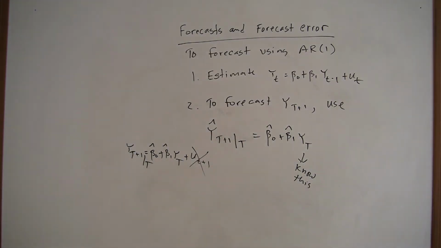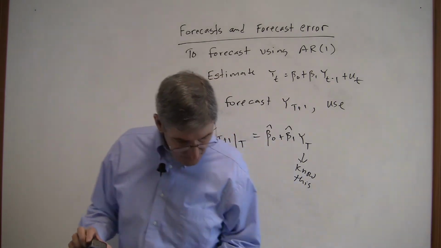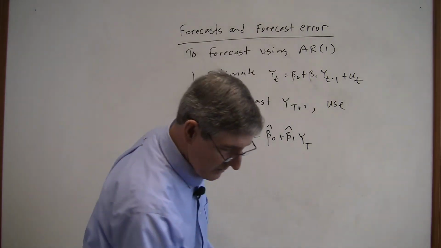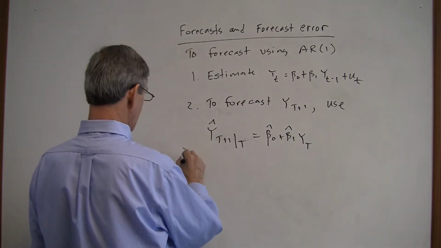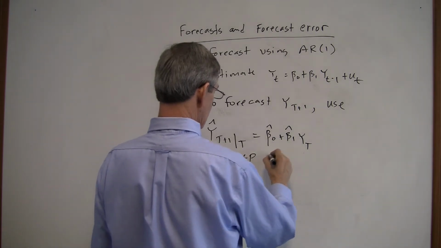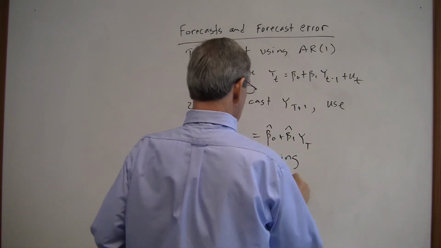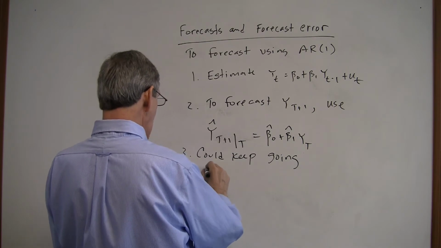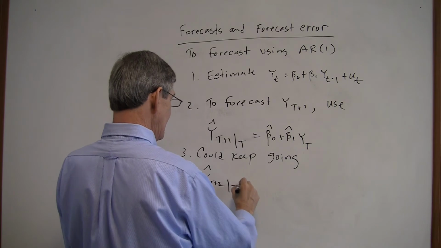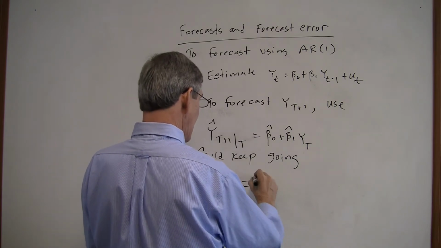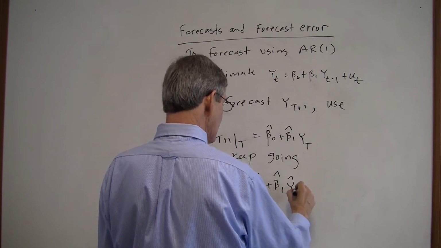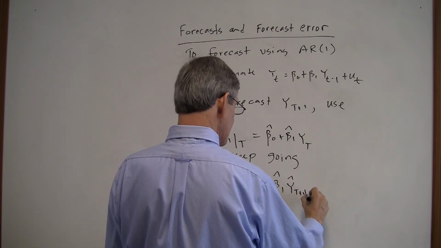Then we could continue this. So we could say that y hat of t plus 2 given t is beta naught hat plus beta 1 hat times y hat t plus 1 given t.